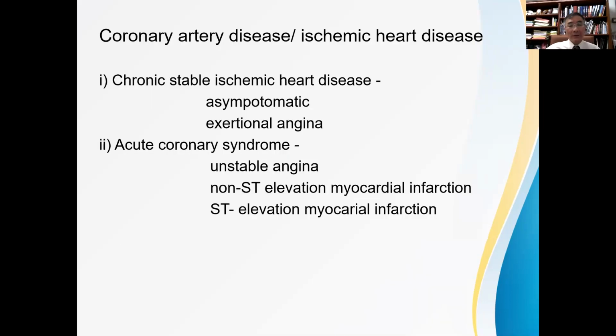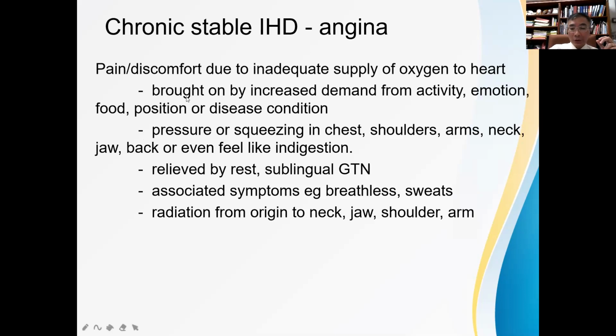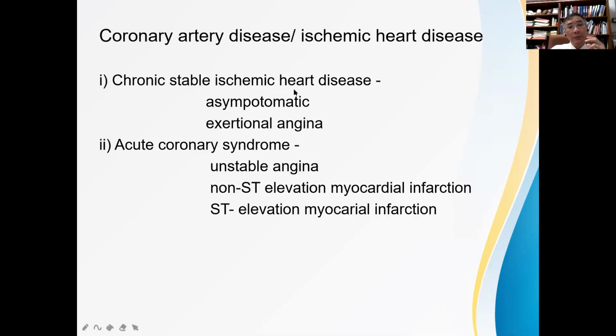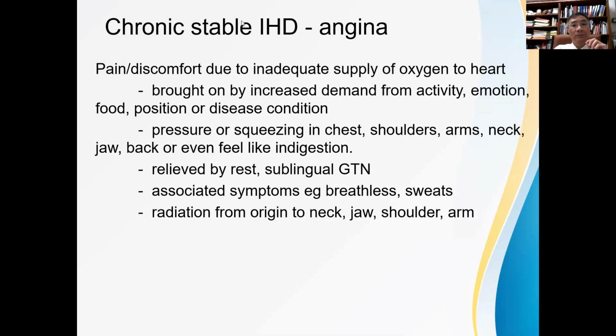Let us then view in a more detailed fashion the two conditions brought about by ischemic heart disease, the chronic stable ischemic heart disease and the acute coronary syndrome. Now, what is angina?